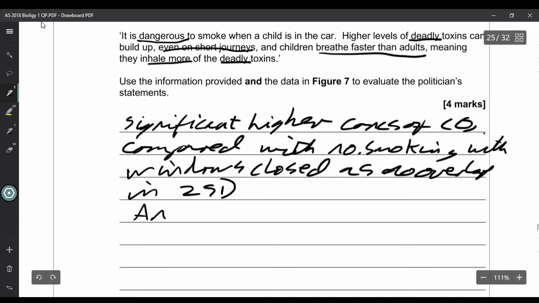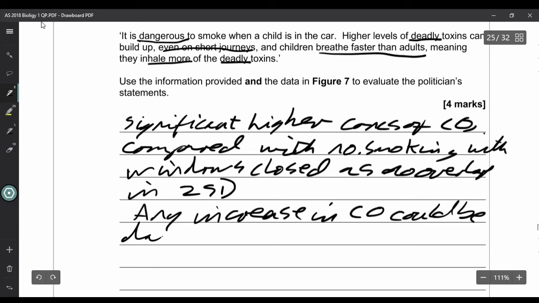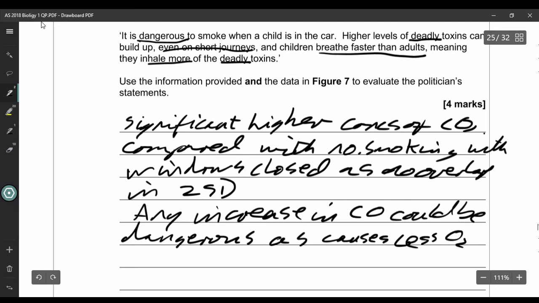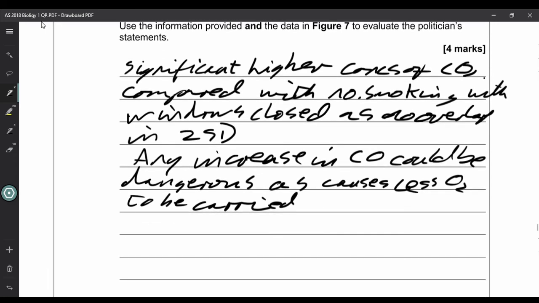We can say that any increase in CO could be dangerous as it causes less O2 to be carried. Okay, so we've given 2 points that we can confirm what the politician's saying.